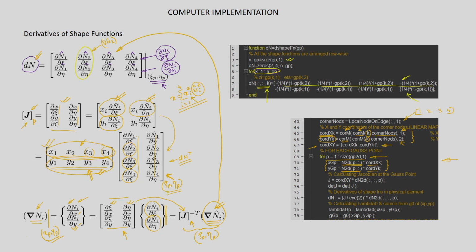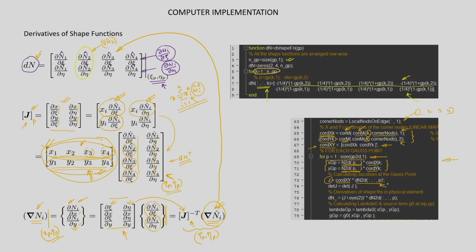Next, what we are doing? We are calculating the Jacobian. How are we doing this? We form the coordinate matrix that contains this whole matrix, that is coordinate xy, and then we are multiplying with the derivatives of the shape functions, that is dN, at a particular Gauss point p.